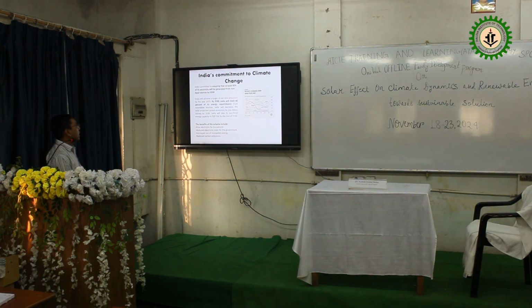India has also set a target of net zero emissions, which is a very big problem everywhere, and of achieving the Sustainable Development Goals globally. So this is again one criterion: net zero emissions by 2070. That is also committed by India on global platforms.